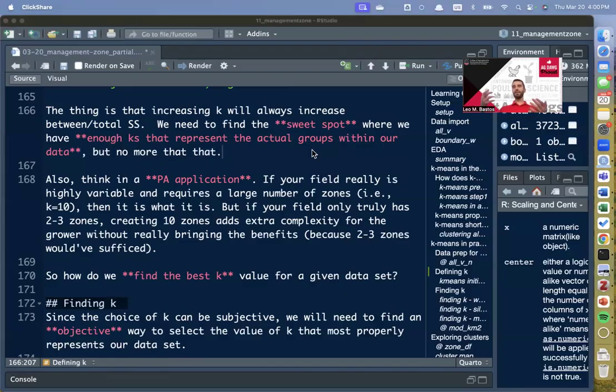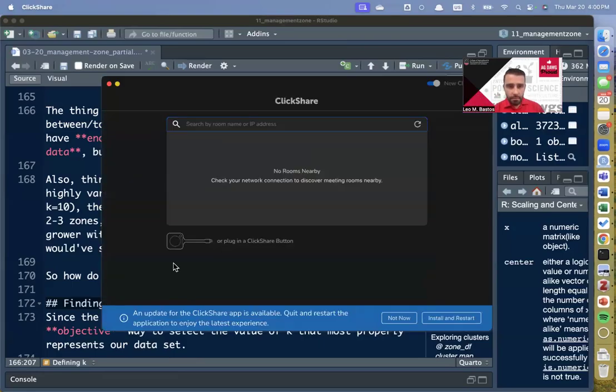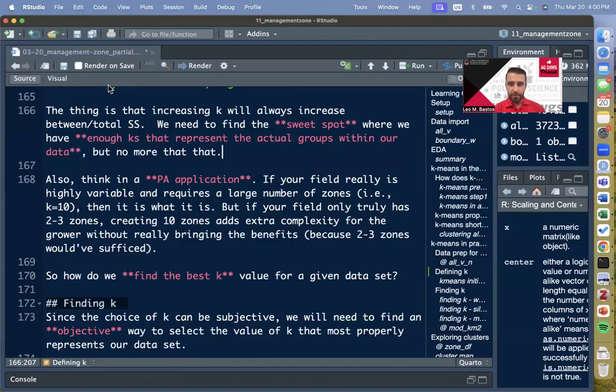You should choose the simplest model that gets you the most return, the simplest model with the minimum complexity that still gets you the overall differences in the field, but without getting more complex than necessary, right? So this is our goal here, to find the best number of K for this data set in specific.